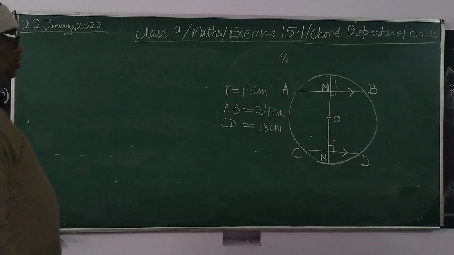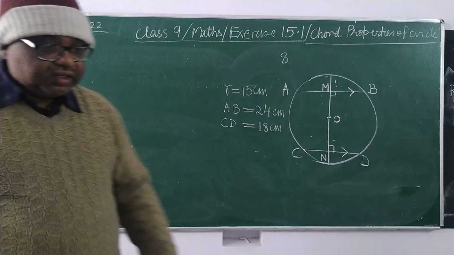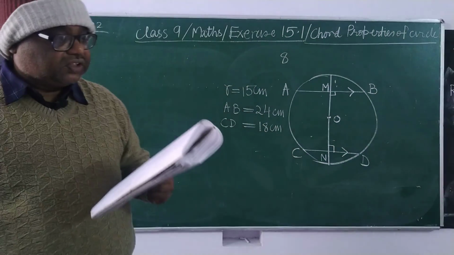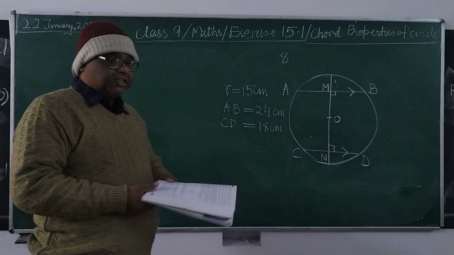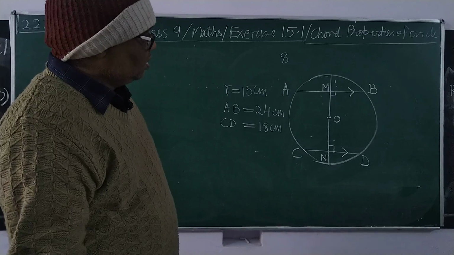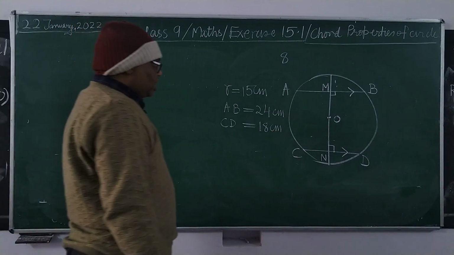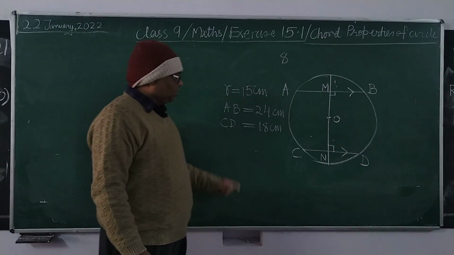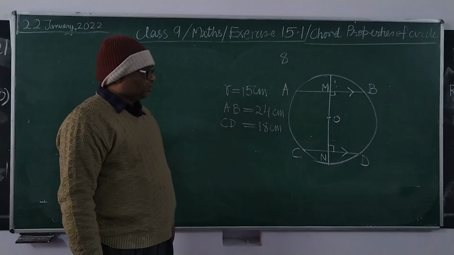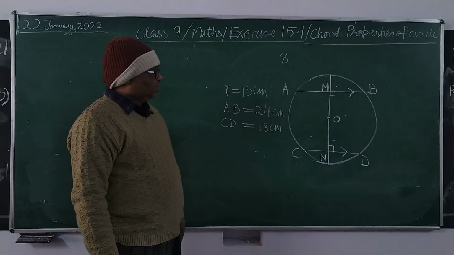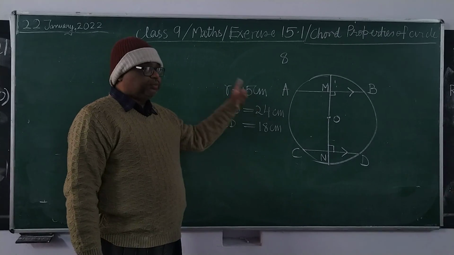Now all of you see question number 8, and it is also of this type, like question number 6. Here AB and CD are two parallel chords whose lengths are given as 24 and 18 centimeter. It is clear. And the radius of the circle is 15.